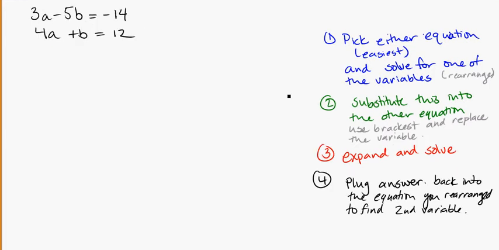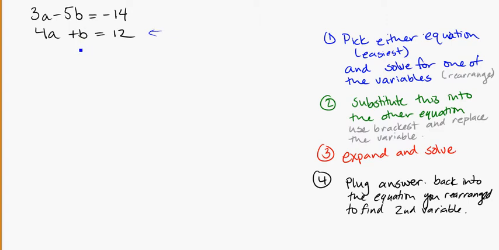So let's take a look at a second example. Here we've got two new equations, again with a and b, which we cannot solve as they are. To show you the substitution method again, we're going to pick one of the equations, doesn't matter which one, but we'll pick the one that looks easiest to solve for. Looking at these, I think in the second equation b looks pretty easy to solve for.